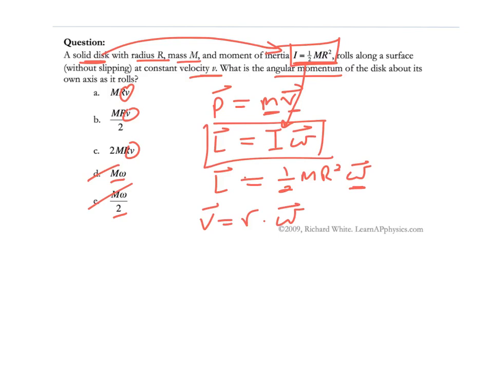They are related by the radius of that object. So if we do some rearranging and solve for omega, omega equals velocity over the radius, and to stay consistent, the radius of this object is capital R. Now I take that relationship and plug it in.